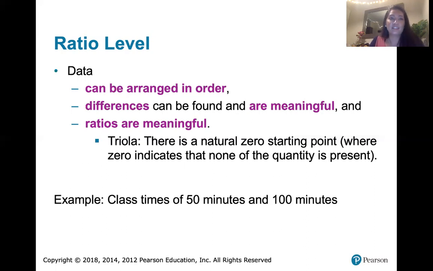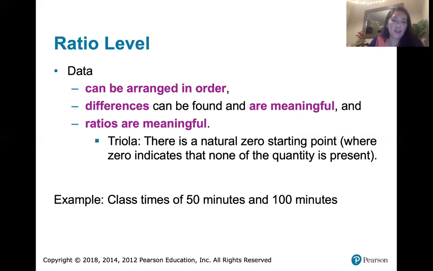So one example of ratio level data is class times. If you have a class time of 50 minutes versus a class time of 100 minutes, that is twice as long. If you're taking a 2-hour class versus a 4-hour class, you're literally spending twice as much time face-to-face in class, if you're taking a face-to-face class. So that is ratio level data.